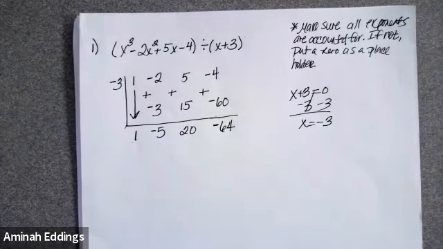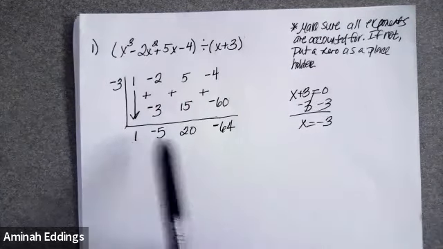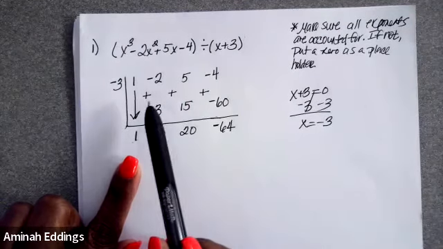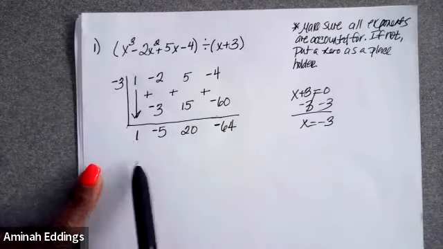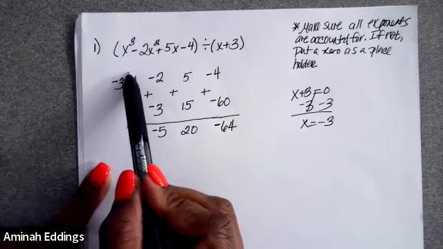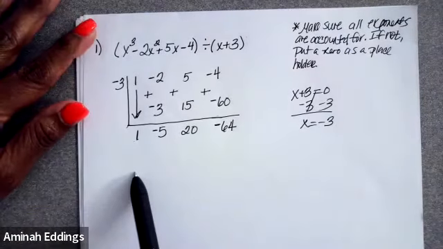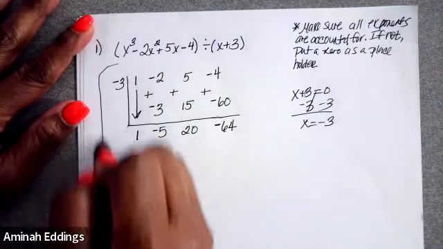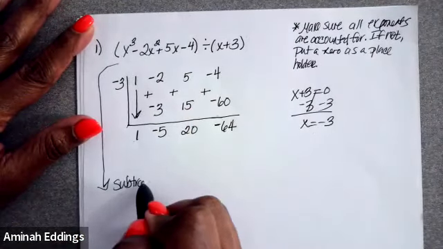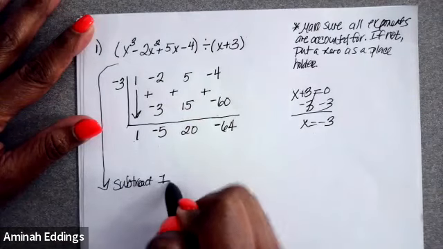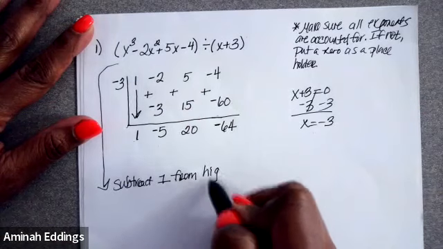To determine what our coefficient is, we're going to take these coefficients and put them back with our x's. But when we do that, our first exponent is always going to be 1 less. So you subtract 1 from the degree or the highest exponent.